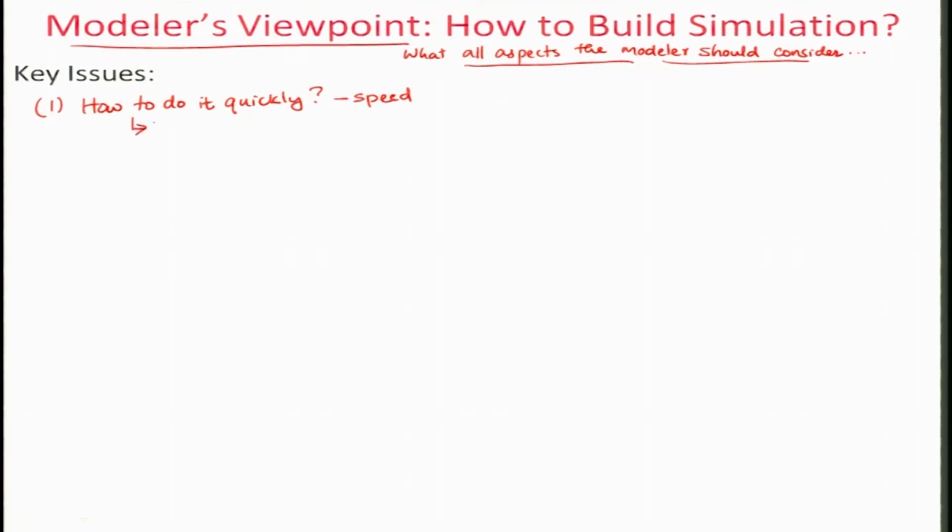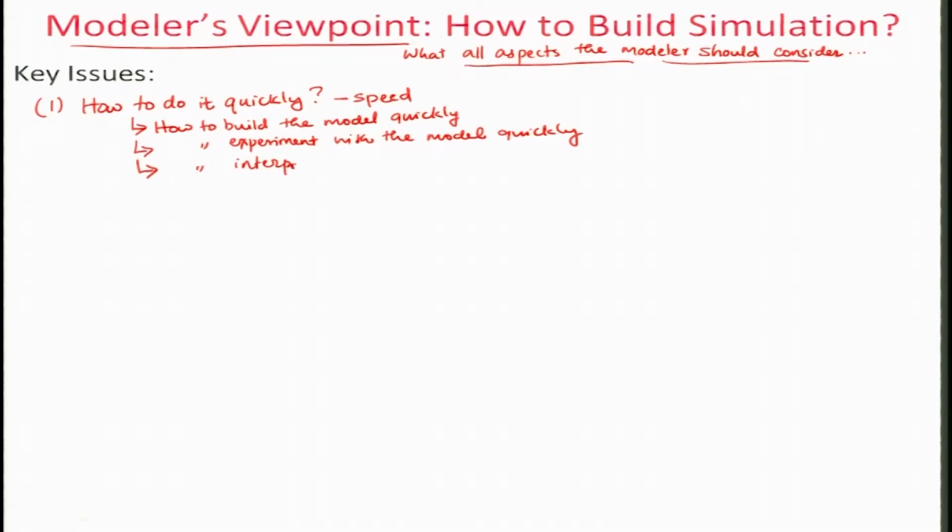The sub-questions under this category are how to build the model quickly, then how to experiment with the model quickly, and another one is how to interpret the simulation results quickly.